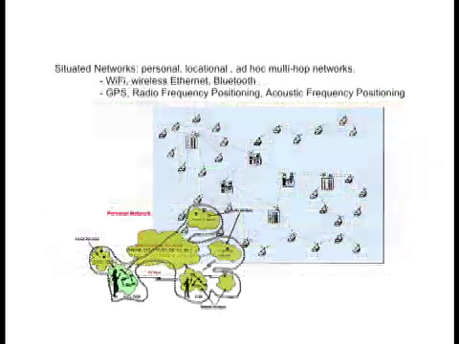Things that will contribute to this, of course, are GPS, which allows devices to locate themselves, radio frequency positioning systems, which will also do the same, as well as acoustic frequency positioning. Now, for architecture, this becomes particularly interesting. Here you get a situation of a locationally based network that needs to communicate perhaps over a very long distance, let's say a piece of architecture, but also a city.